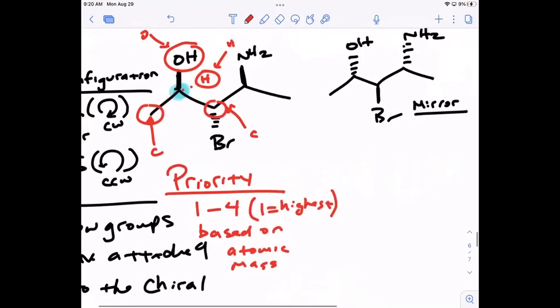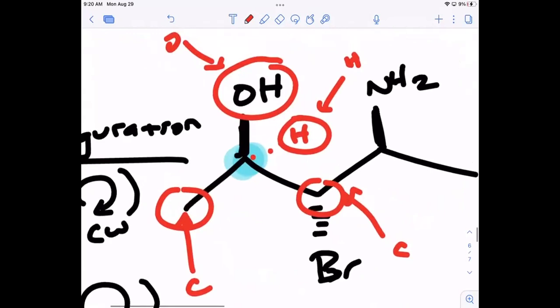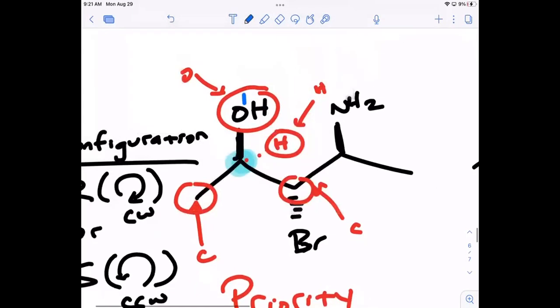So of those 4 groups, which one has the highest priority on the stereo center highlighted in teal? Oxygen, right? So this is priority 1. And hydrogen is always going to be 4, unless there's a lone pair present. The only group that's lower in priority than hydrogen is a lone pair. So when you see a hydrogen, you can automatically assume that it's the lowest priority group.